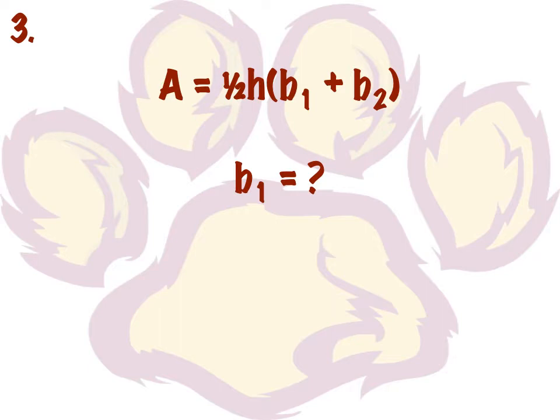A equals 1/2 the height times the quantity of base 1 plus base 2. You're going to solve this equation for base 1. This is the equation for area of a trapezoid.